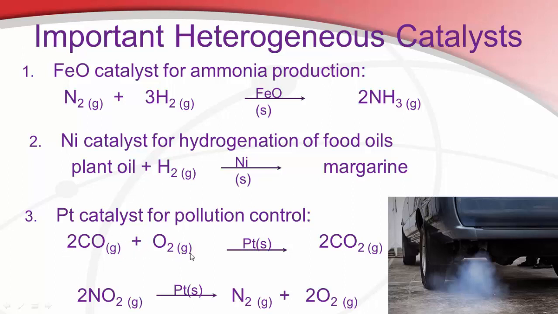So carbon monoxide can be reacted with oxygen to give carbon dioxide, and nitrogen dioxide will spontaneously decompose into nitrogen gas and 2 oxygen molecules. All 3 of these components are natural components of our atmosphere. So we can take very toxic stuff that would be coming out of the tailpipe of an automobile and turn it into normal components of the atmosphere.